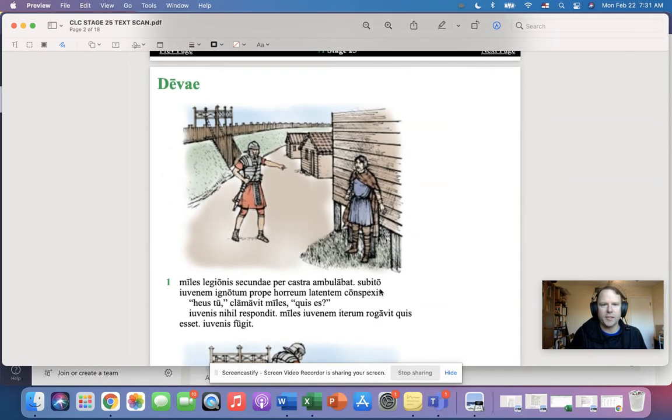All right, so look at this here. Miles legionis secundae per castra ambulabat.